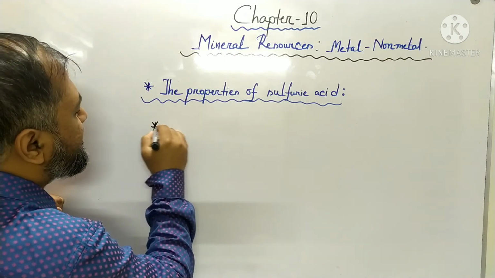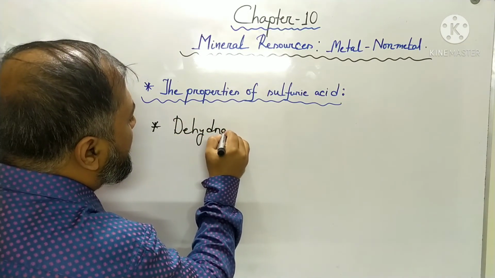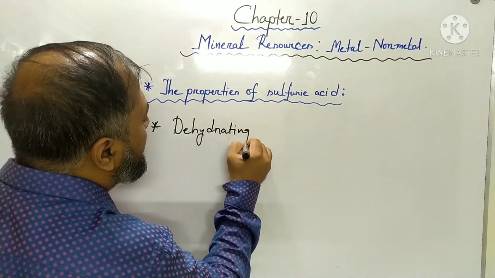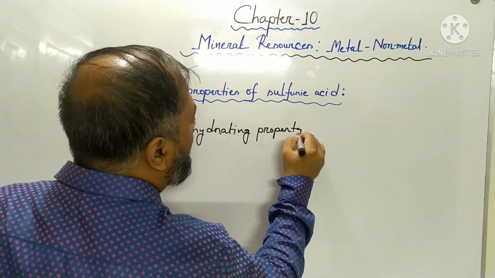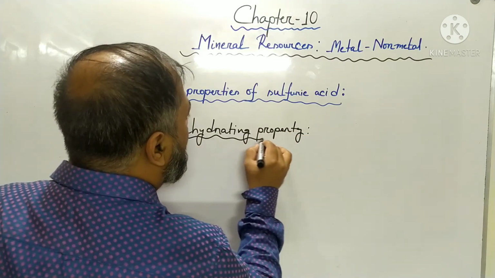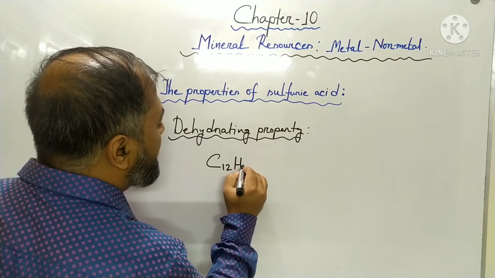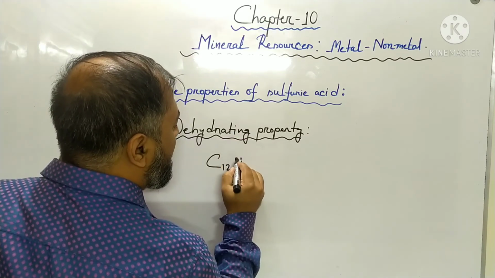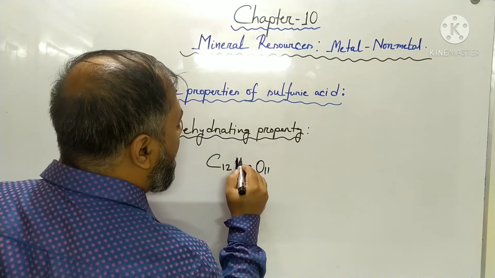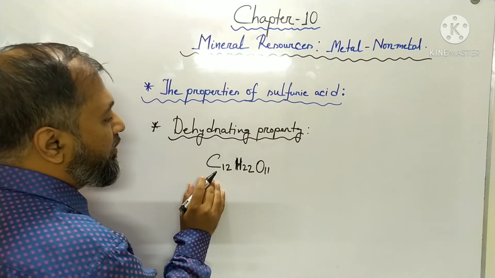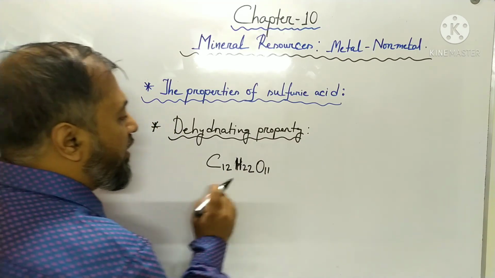Students, you can see the dehydrating property. You can see the formula of sugar is C12H22O11. 12 carbon, 22 hydrogen and 11 oxygen atoms are present in the sugar molecule.